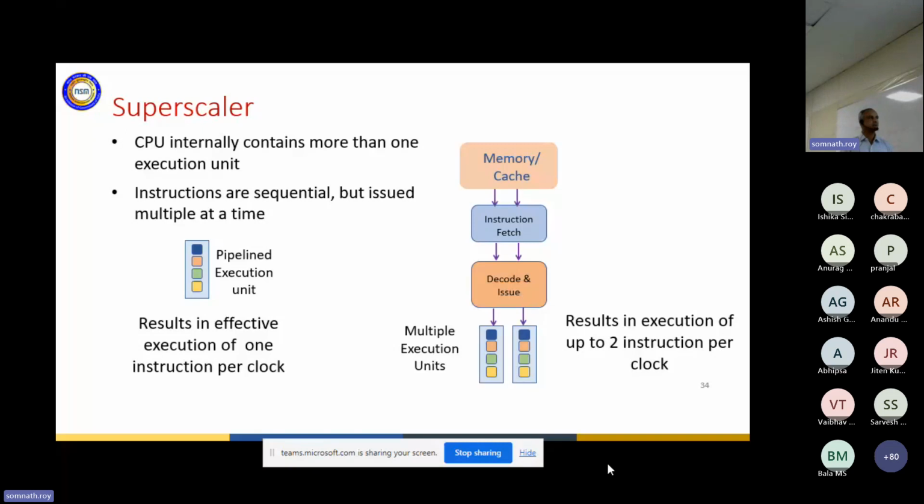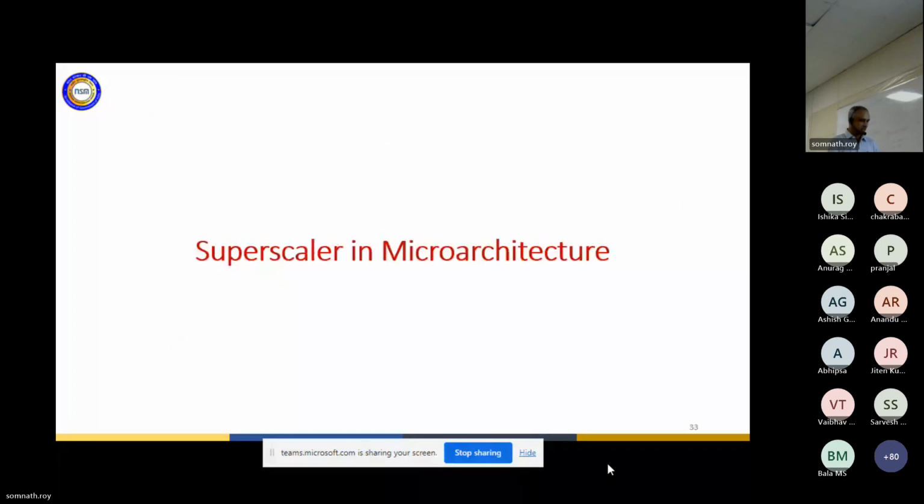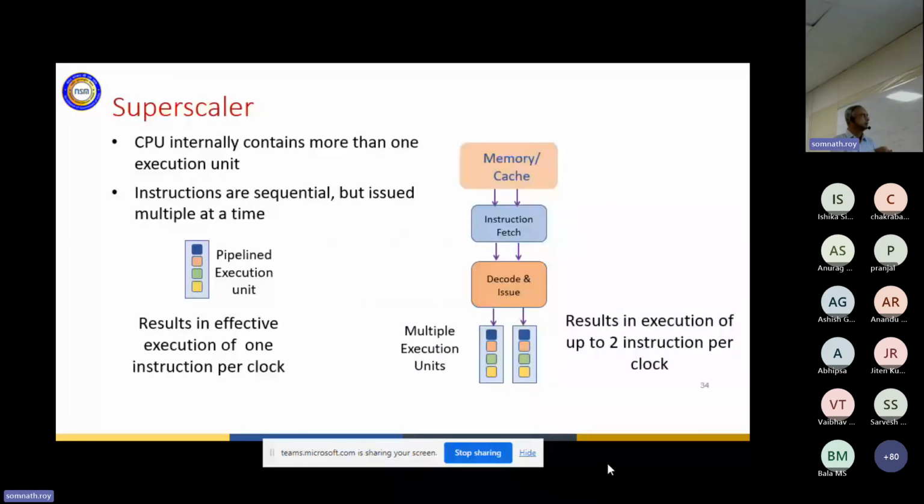Earlier, the instructions I1, I2, I3, I4, I5 were all going in a row, like you are standing in the queue for tea. One person takes tea; you fetch, no decode, but there is an execute where you get a cup of tea. So that is what the pipeline execution unit is.